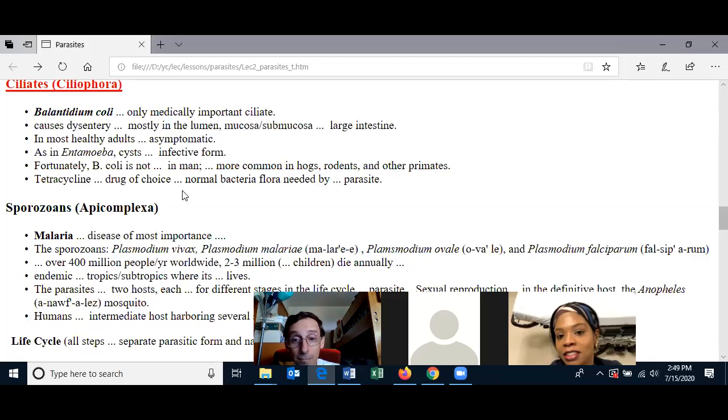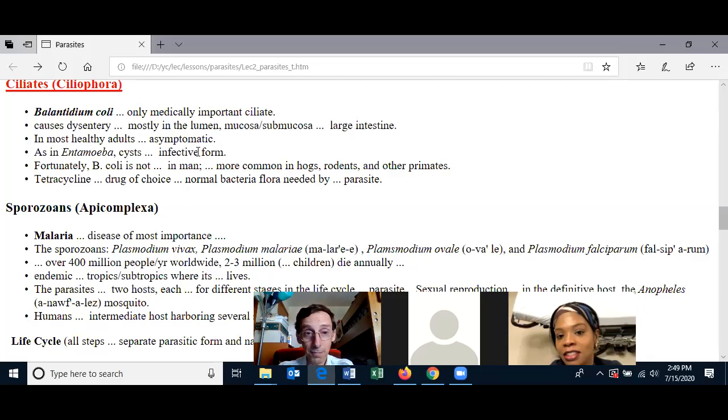Okay? It's kind of weird when you think about it, because like I said, tetracycline doesn't directly harm Balantidium coli, but it kills off its food supply. And that's why Balantidium coli can be asymptomatic in a healthy adult.